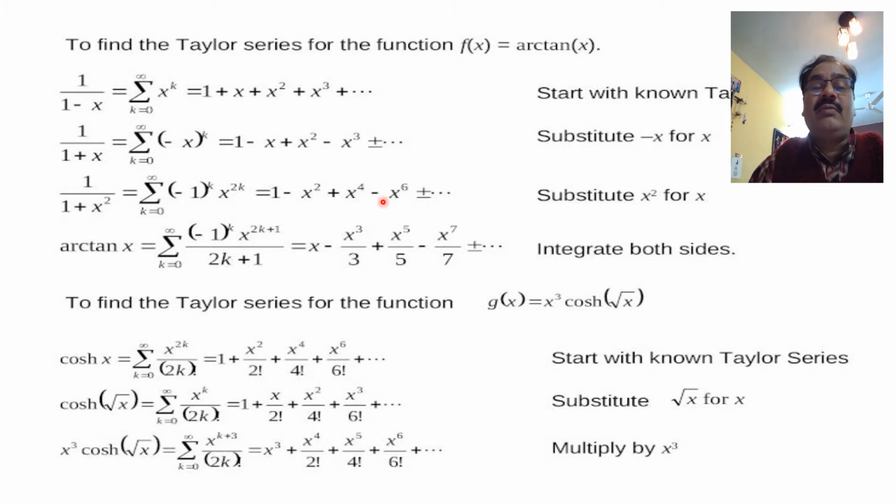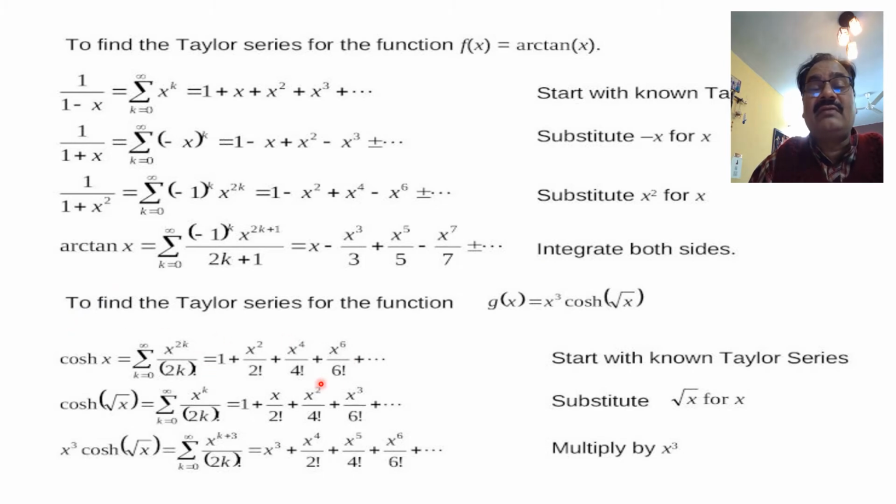If you replace x with minus x, you will get 1 by 1 plus x. If you substitute x square for x, you will get this form. After integration of this series, you will get tan inverse x. So all of these are interconnected with each other.